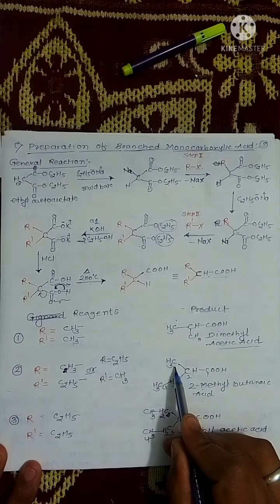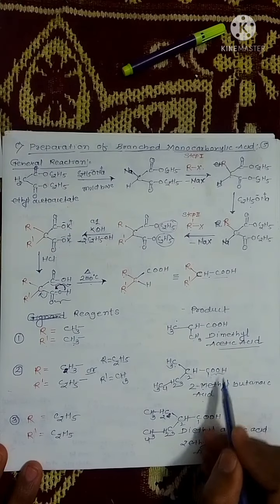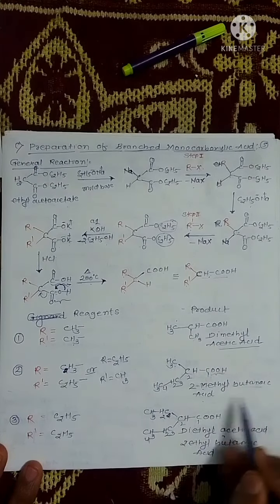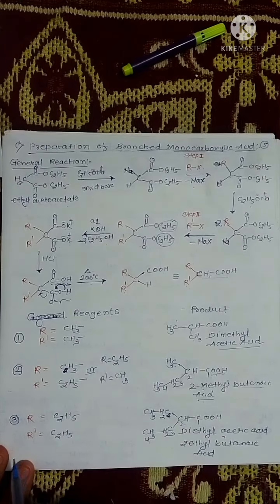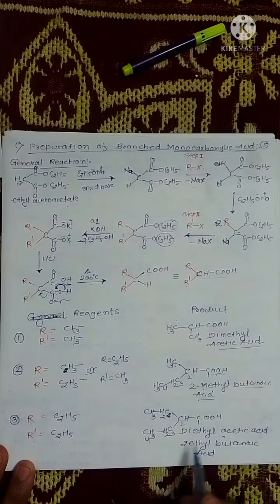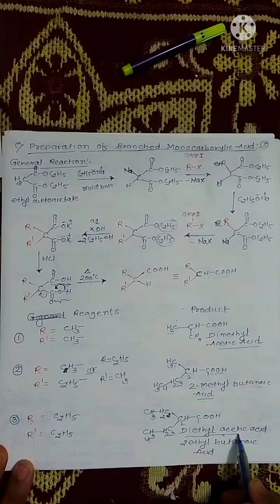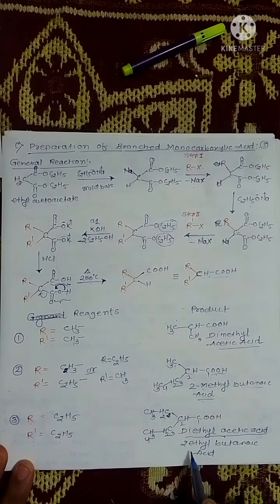At the 2 position we have a methyl group, and the overall carbon chain is of 4 carbon atoms with the carboxylic group. So it is 2-methyl butanoic acid. If R and R dash are C2H5, we get diethyl acetic acid, which is also known as 2-ethyl butanoic acid.